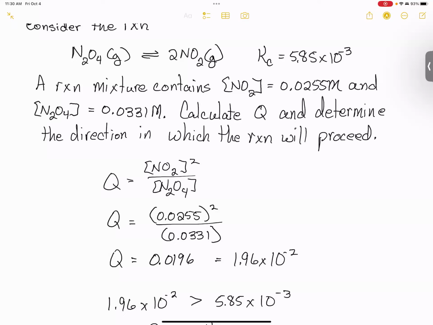It's going to move in a direction so as to reobtain equilibrium. But otherwise, calculating Q and calculating K are done the exact same way. It's just what they mean is slightly different. Questions?